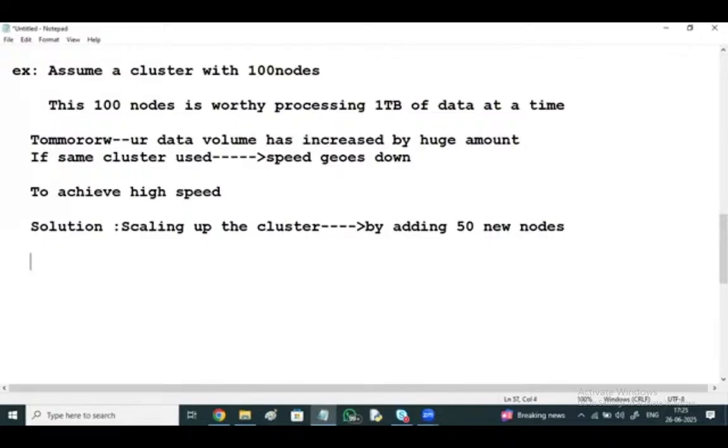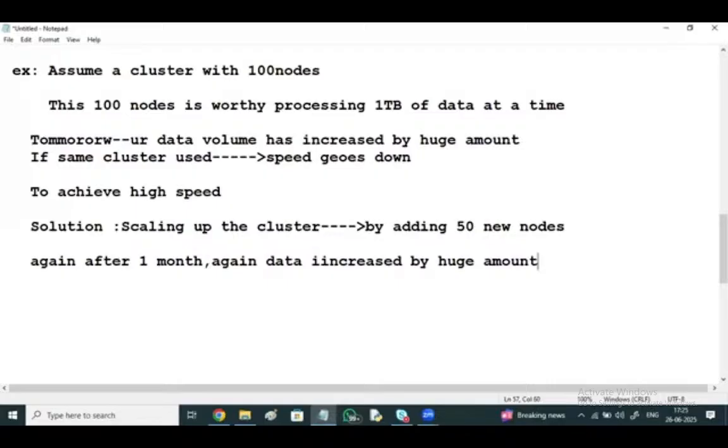Again, after 1 month, think that data has increased by a huge amount, and again 50 nodes got added.